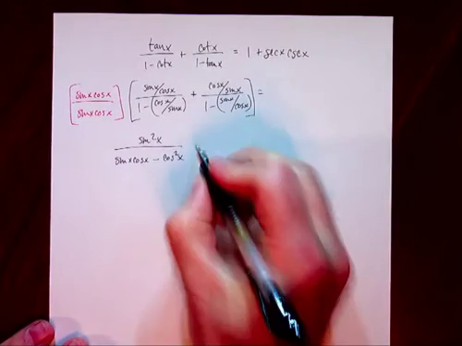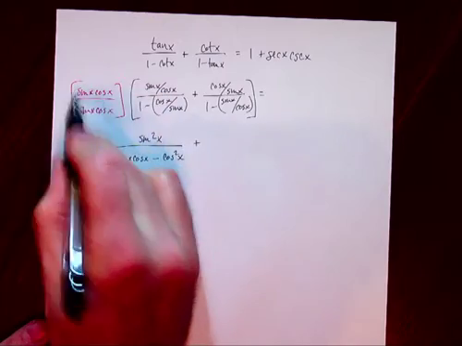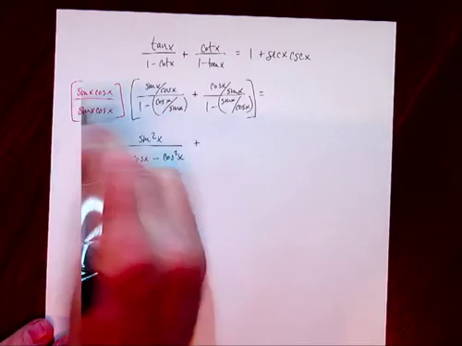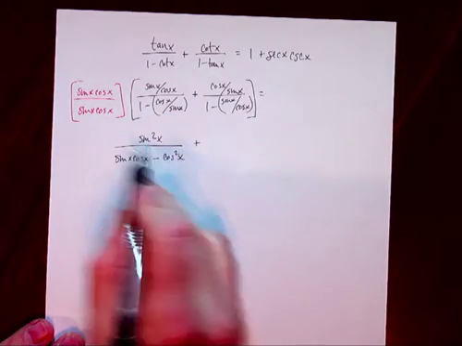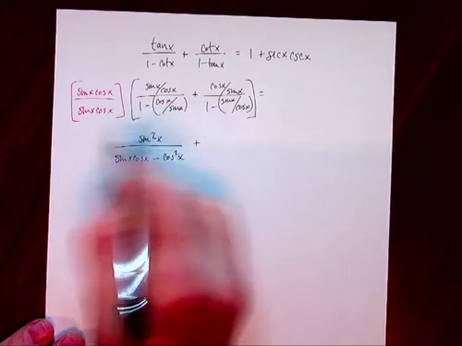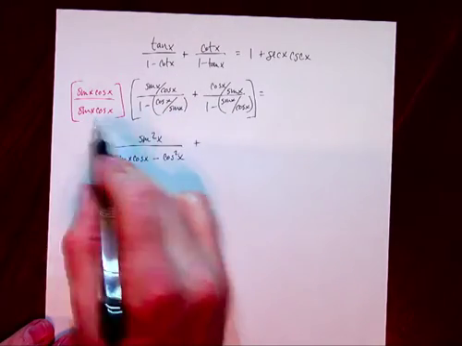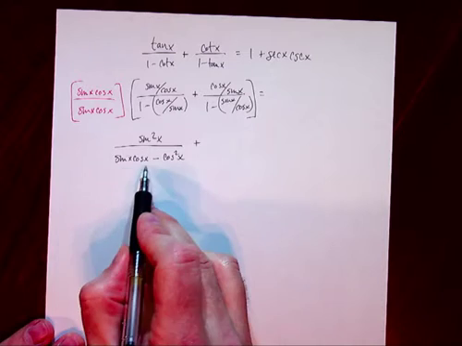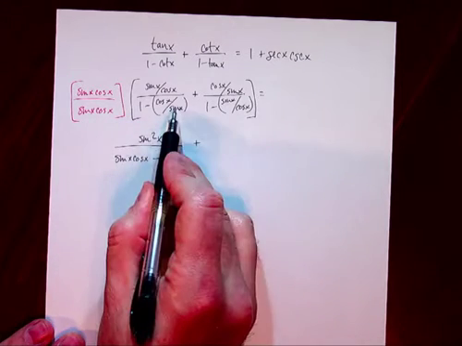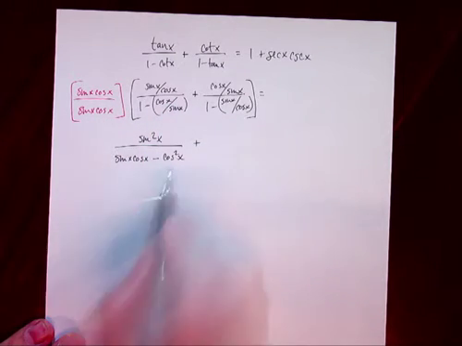Take a second for it to sink in, because when I take this and multiply this, the cosines are going to cancel and the sines are going to combine. When I take it to the denominator, I have to distribute it, right? And when I distribute it, that first term times 1 becomes sine times cosine, and when I take it to the second term, the sines cancel and the cosines combine.